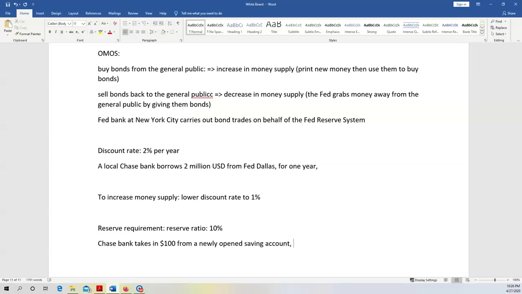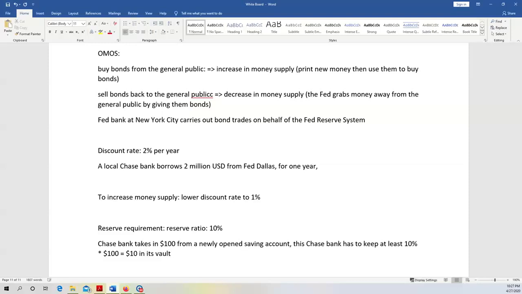What is reserve ratio? If Chase bank takes in $100, Chase bank cannot lend this $100. It just takes from a new customer. So if the reserve ratio is 10%, that means this Chase bank has to keep at least 10% out of $100, which is $10, in its so-called vault.